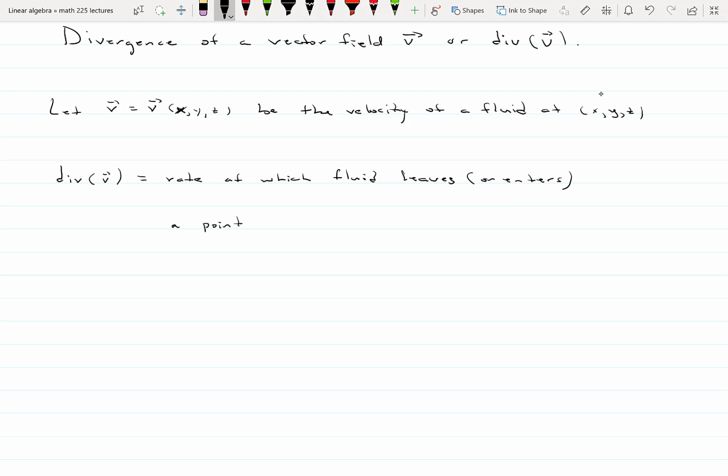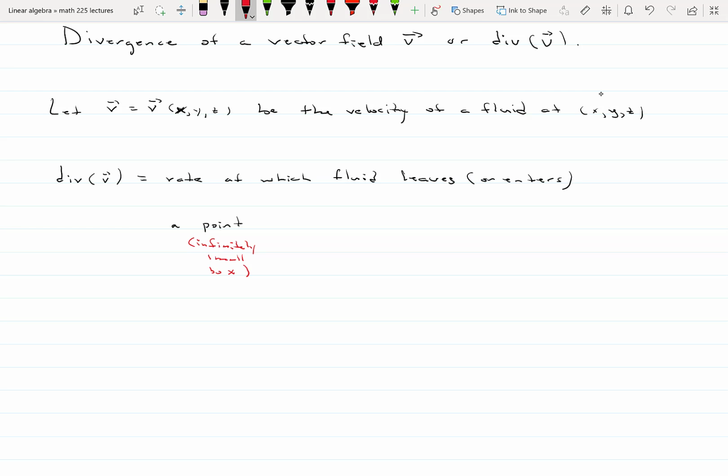Now, already we have something that's very difficult to conceptualize because a point has no dimensions, yet fluid does. So we can think about a point as being an infinitely small box.